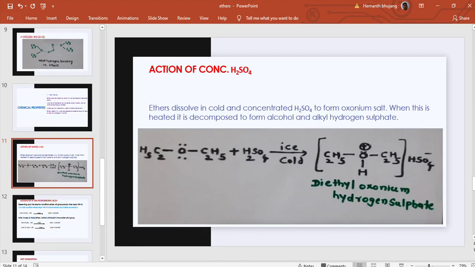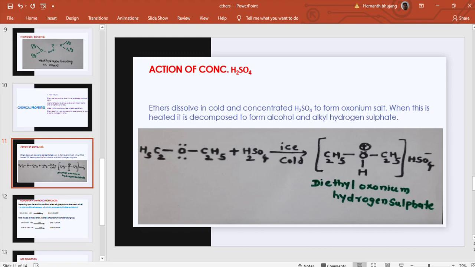Now we'll see some of the chemical properties of ethers. First, the action of concentrated sulfuric acid. How do ethers react with concentrated sulfuric acid? Ethers dissolve in cold, concentrated sulfuric acid to produce an oxonium salt, and when this oxonium salt is heated, it decomposes to form alcohol and alkyl hydrogen sulfate.